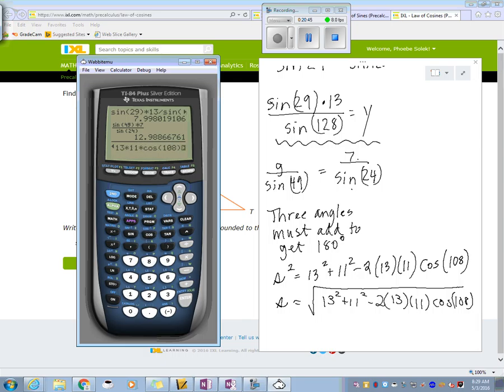So it really is just, can you fill in the formula? And so this is 19.5 if we are rounding it to the nearest tenth. Right? 19.5.